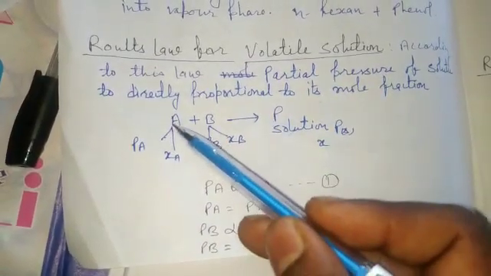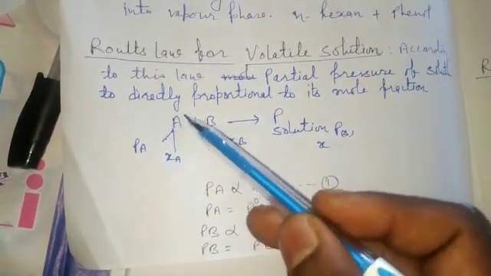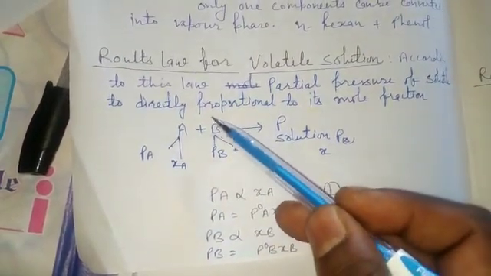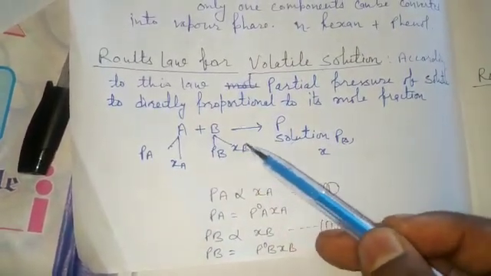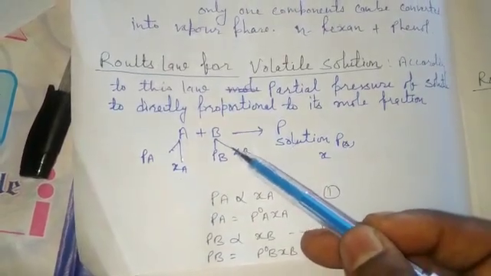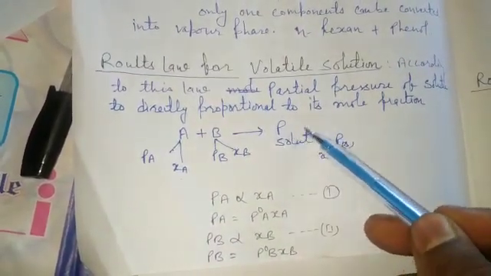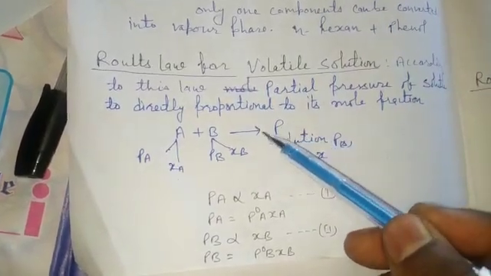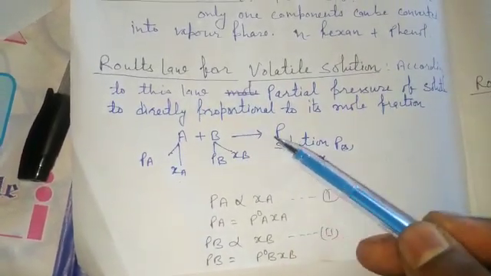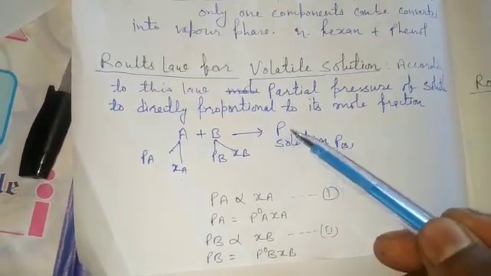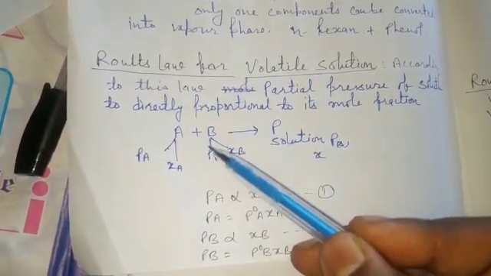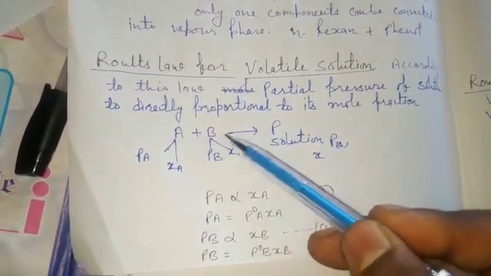Means for both components, the partial pressure is directly proportional to its mole fraction. Why? Because this is the law for volatile solutions, and for volatile solutions all the components can be converted into the vapor phase.